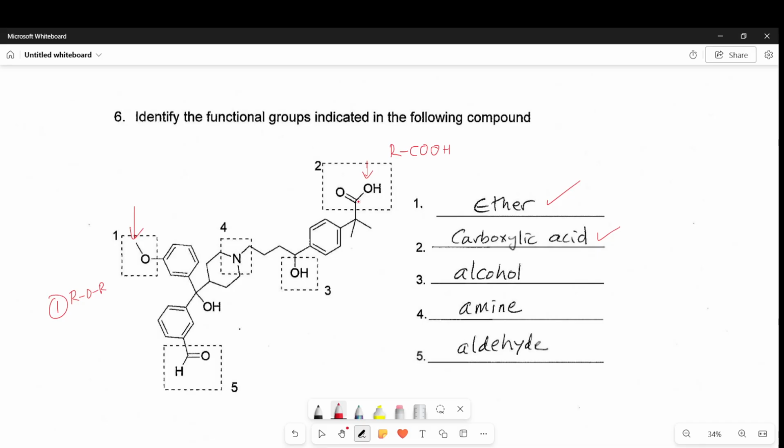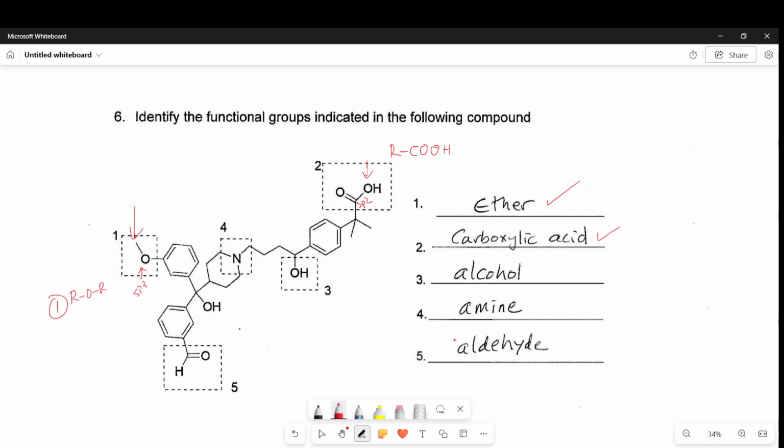Here for example, the carbon in the C=O double bond is always an sp2 hybridized carbon. This oxygen right here, with a single bond, is sp3, and the carbons are also sp3. This is just additional information for you to know.